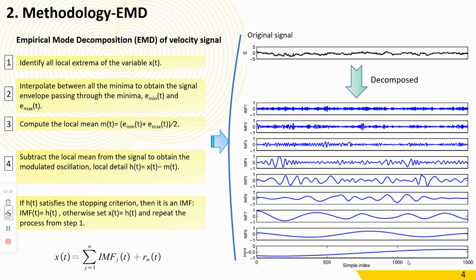Then subtract the local mean from the original velocity signal and get the local detail. And finally, we calculate the intrinsic mode function. After all the procedures are finished, we will get several intrinsic mode functions and one residue.